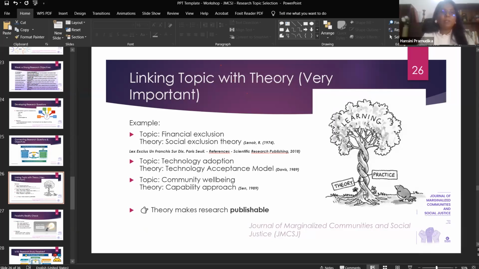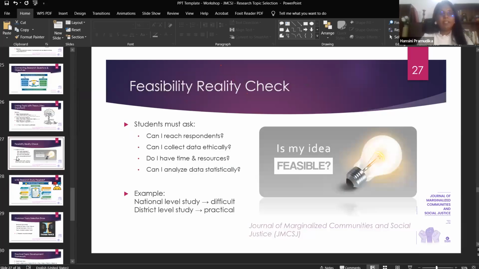Theory makes research publishable. If you are unable to find a theory related to your research idea, it becomes a huge issue when you are going to publish your research paper. So you have to come up with related theories, a couple of theories, right? So study the knowledge and come up with theories. It's very important, right?